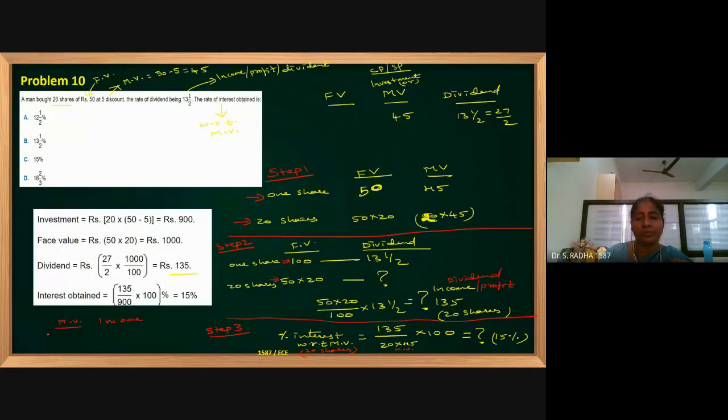Income is 135, for market value 20 into 45. If market value is 100, what is the income? That is the calculation we have done, and the final answer we got is 15%. This is the second method of doing step 3. This is the first method of doing step 3.